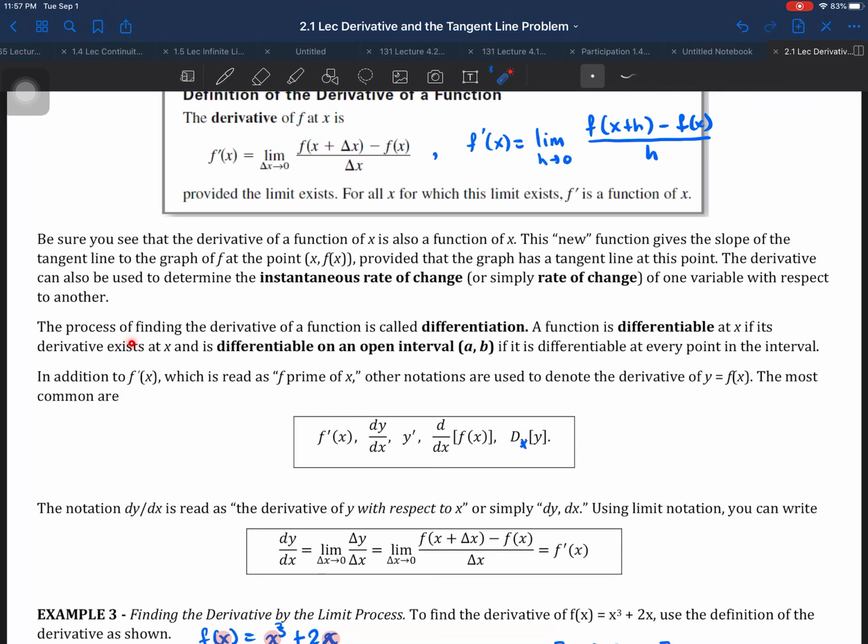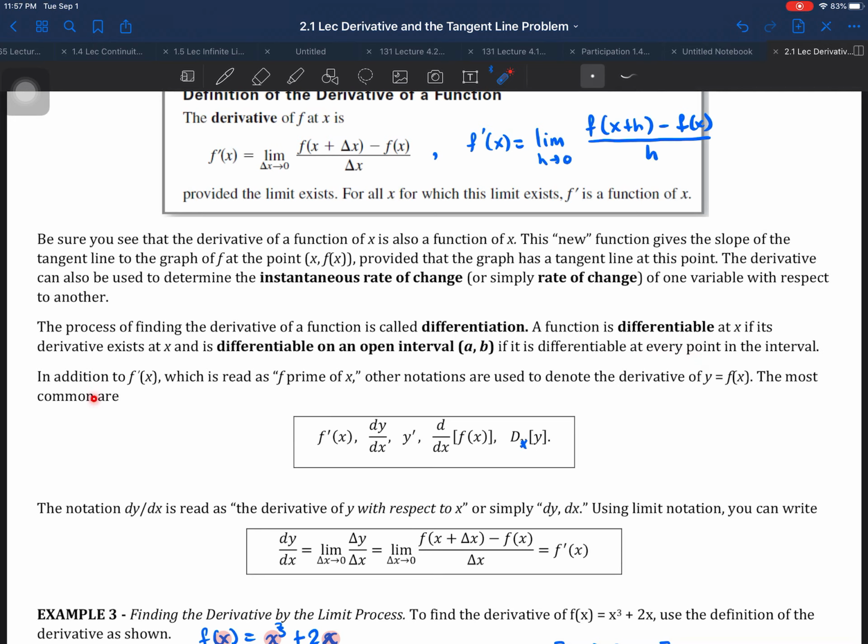The process of finding the derivative of a function is called differentiation. A function is differentiable at a particular x if its derivative exists, meaning the limit exists, and it is differentiable on an open interval from a to b if it is differentiable at every point in the interval.